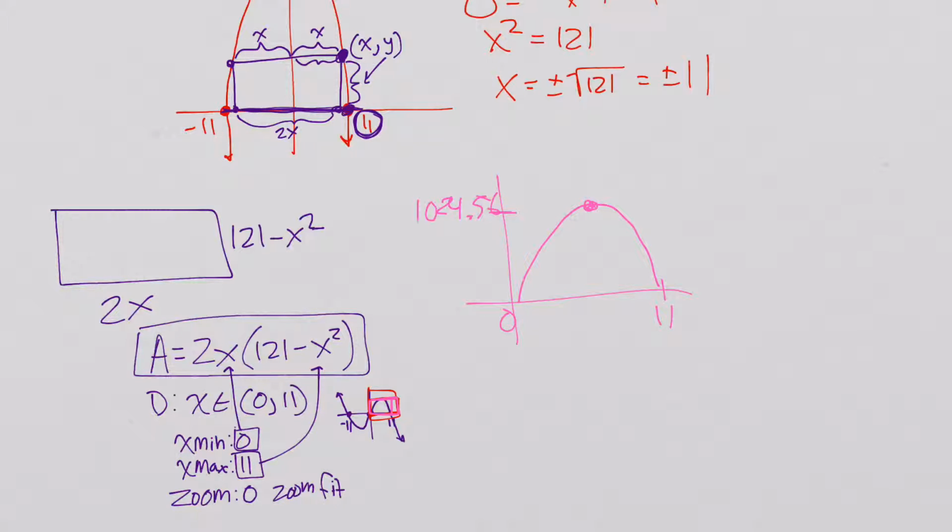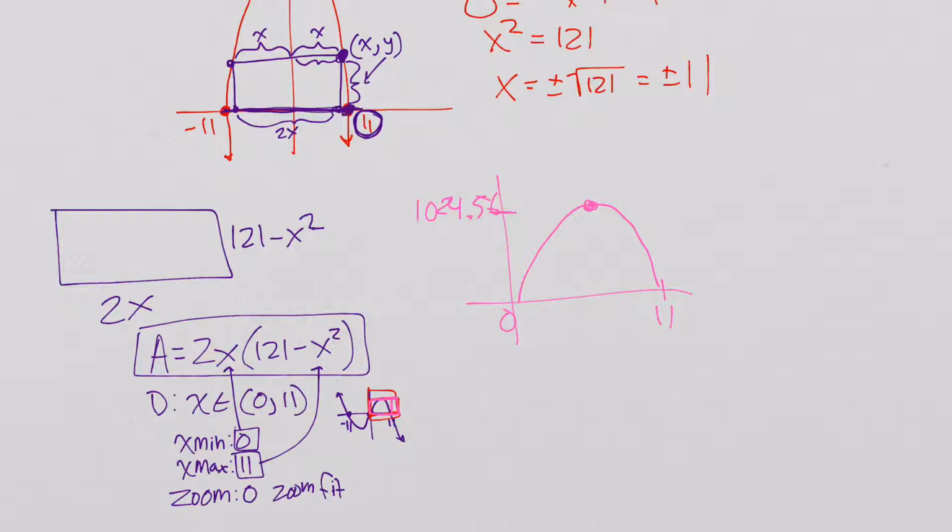But we should probably actually calculate the maximum rectangle. And when you do so, my guess is that we're going to get exactly 1024 for that y value. So let's go second trace, and then choose option 4 for the maximum. Left bound, I'm going to hit 0 and hit enter. Right bound, I'm going to hit 11 and hit enter.